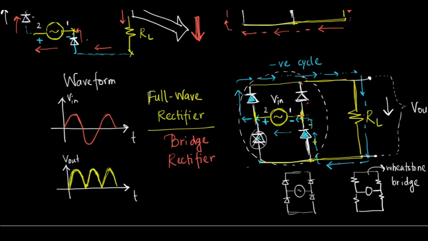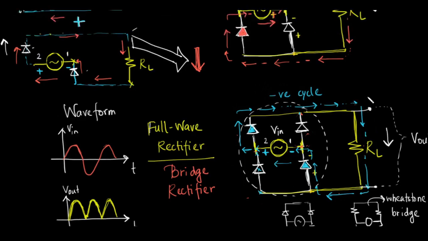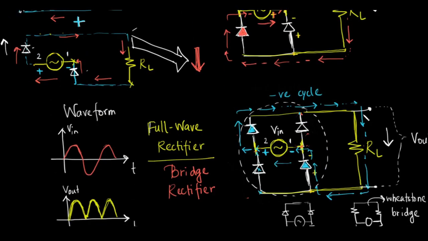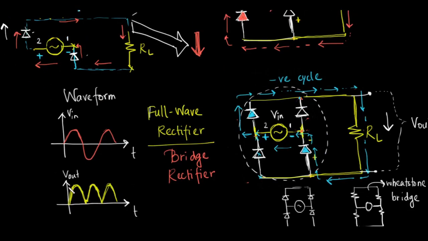But the clever part of this circuit is that no matter which of the two diodes turn on, current flows only in a single direction, from top to bottom of the RL. Since current only flows in a single direction, the output voltage has a single polarity.